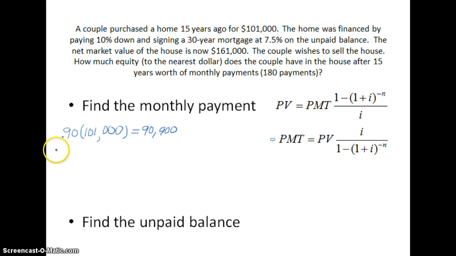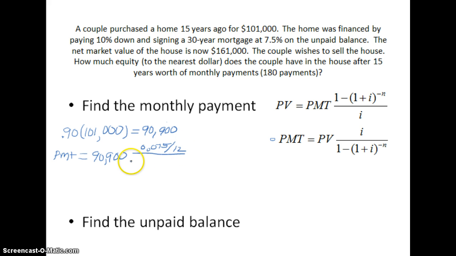And so I have that the payment will be the present value of the home, times the interest rate here, which is 0.075, but they're making monthly payments, so compounded monthly, so divided by 12.